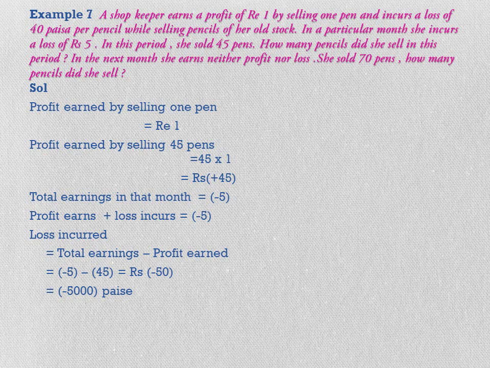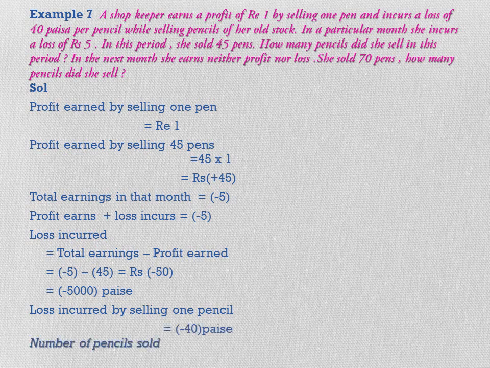Therefore, we can find out the number of pencils she sold in that particular month. For that, it is given that loss incurred by selling 1 pencil is equal to negative 40 paise.